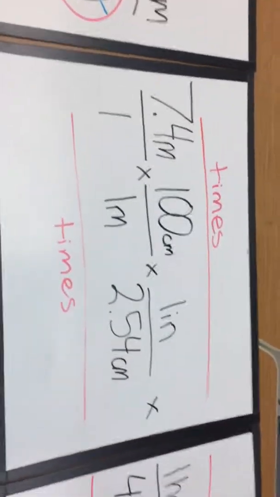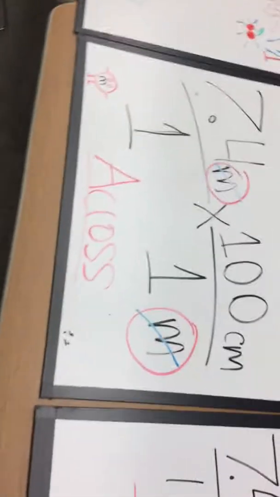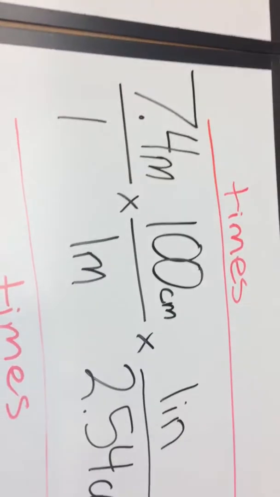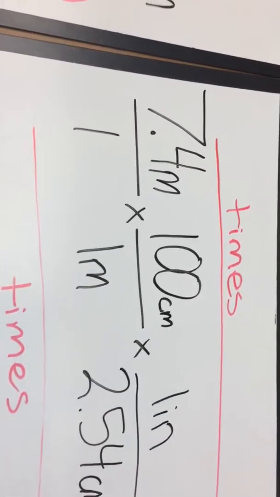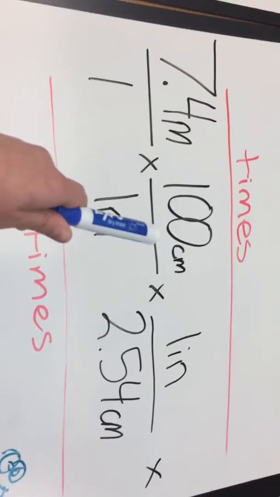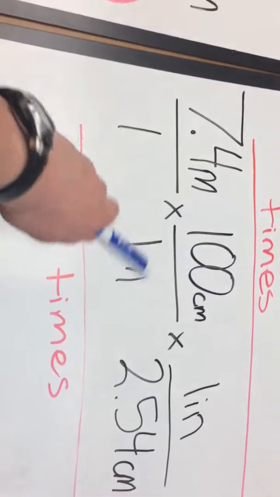So now we have the multiple step equation, which uses the same methods as this equation, but you just have all the conversion factors in one equation. So see, we have your 7.4 meters over 1 meter here, and you want to bring it to centimeters, so you have your centimeters up here on the top.